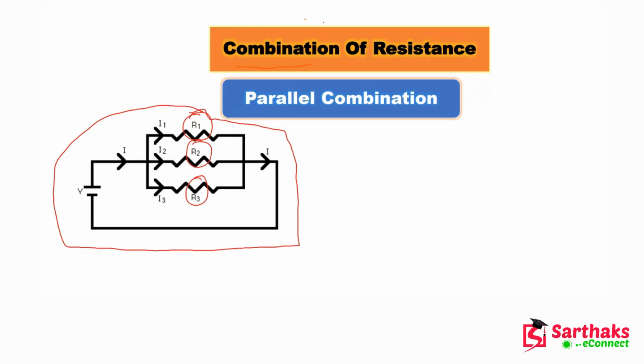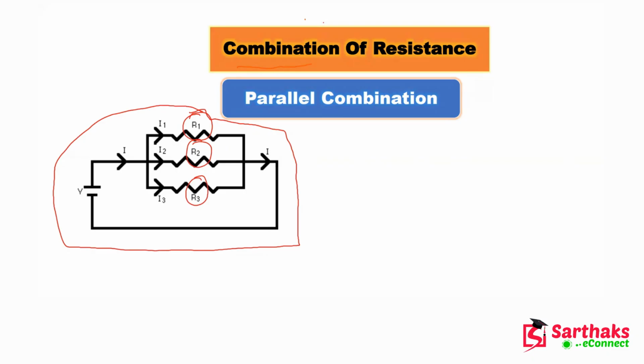So how can we do that? We know that in parallel, the voltage is the same in all the resistances which are connected in parallel. But in series, the voltage is different.